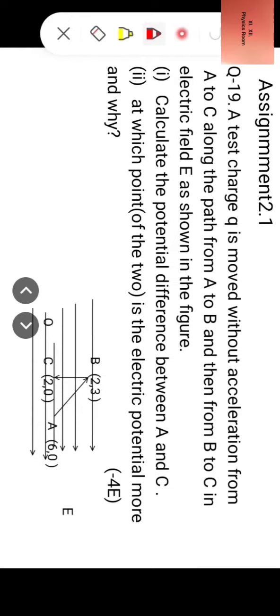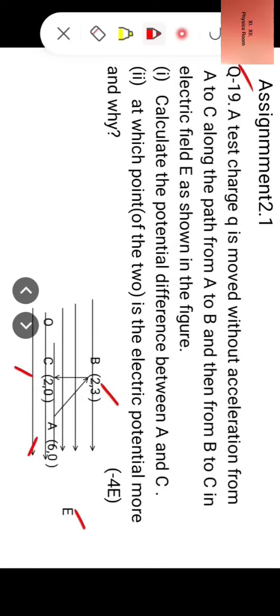Assignment 2.1 continued. Question number 19. A test charge Q is moved without acceleration from point A to C along the path A to B and then from B to C in electric field E as shown in the figure.